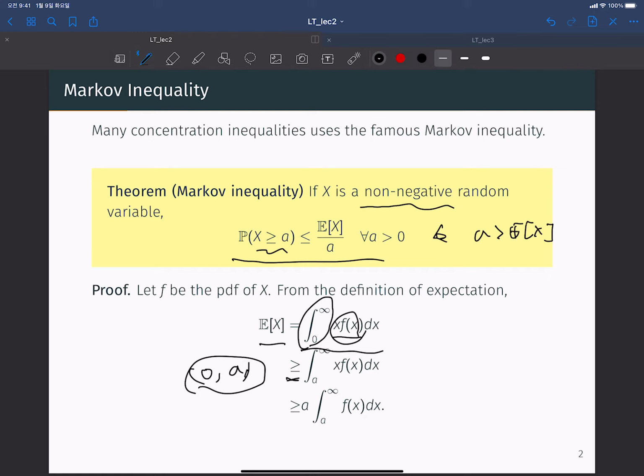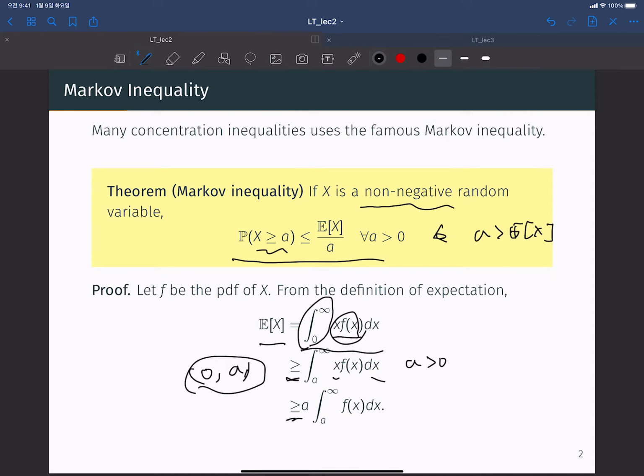From the integral from a to infinity, where a is strictly greater than 0, of x times the PDF times dx. And since the x range is from a to infinity, the smallest value on this range is equal to a. So when you replace x by a, we have this sign as well.